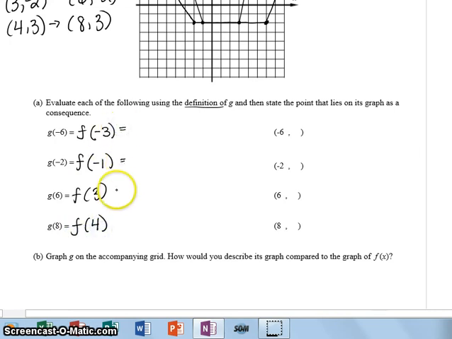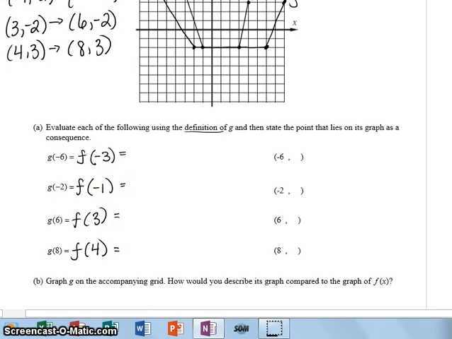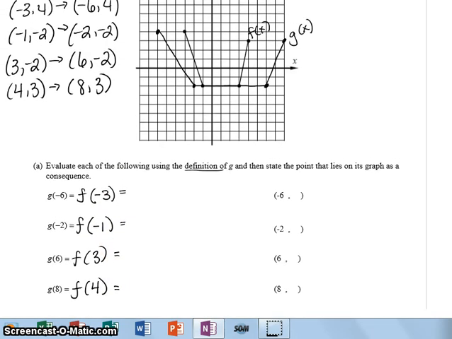Okay? You could also just go up to your graph in the G graph. Now, if I highlighted the G graph for you guys in yellow, seeing that I didn't switch colors. So here's my G graph right here. Okay, that's my G graph. You could just go find its point. So what does that mean? That means at negative 6, you go over 1, 2, 3, 4, 5, negative 6. It's up there, and that's at positive 4. So 1, 2, 3, 4, 5, 6.